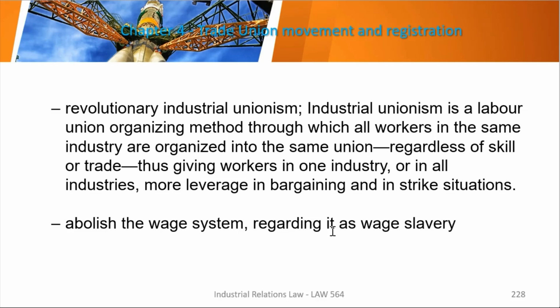So if the trade union is to cater for everyone, it's quite difficult. Therefore, the members must be people who are working in one industry, in order to gain more leverage in bargaining and in strike situations. Because if you conduct a strike and have many industries in your union, it is not going to be coordinated, because it does not give the impact that is needed.